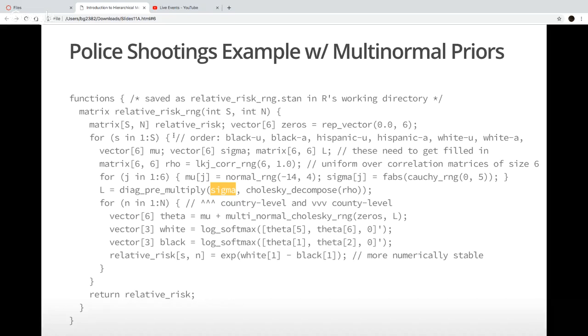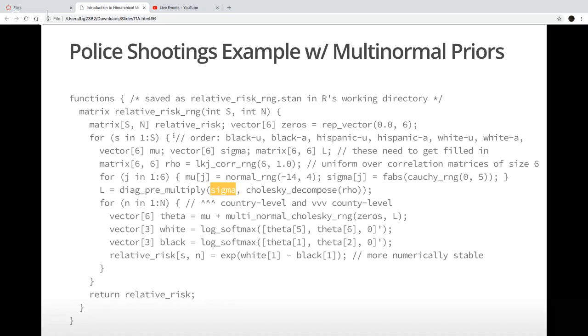Some people, specifically in situations like this, refer to hierarchical models as multi-level models. So we have the country level where mu and sigma and the correlation matrix live. And then in each county, our prior is, well, that county is only going to differ in a multivariate normal way from the country as a whole.